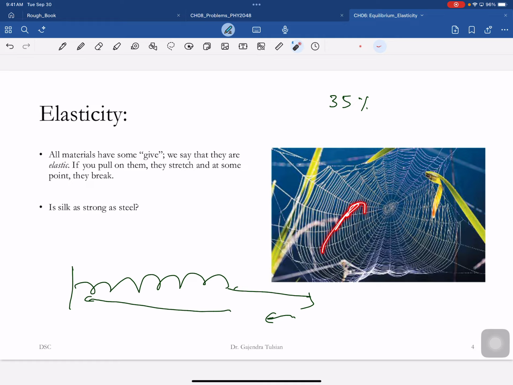So when the bug comes back, it just gets caught and oscillates. It doesn't have enough speed to escape. What do you think happens to the other 65% of the energy? It turns into heat. So your system has to figure that out. And we'll learn about that.